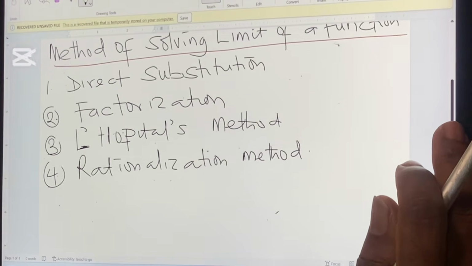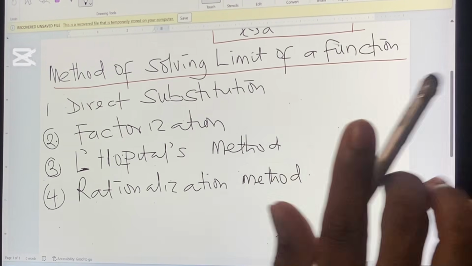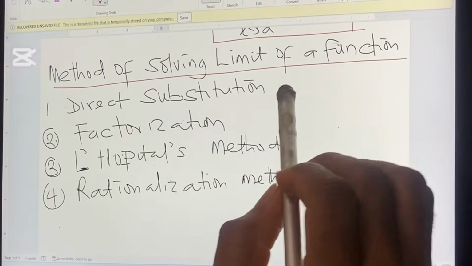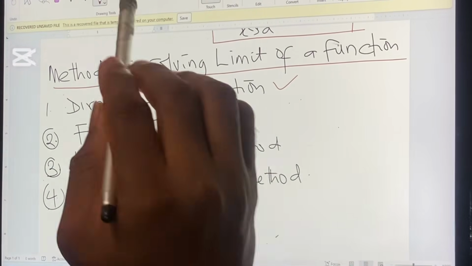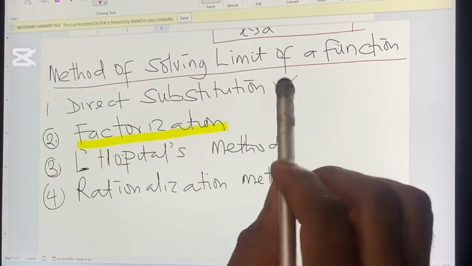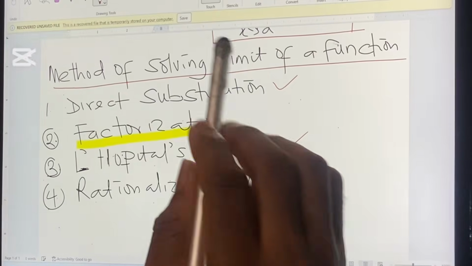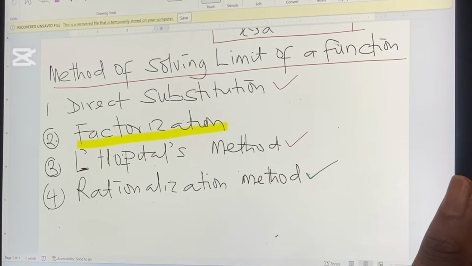So, class, before we consider questions on direct substitution method or factorization method or L'Hopital's method or rationalization method, let's know when to apply them, okay?